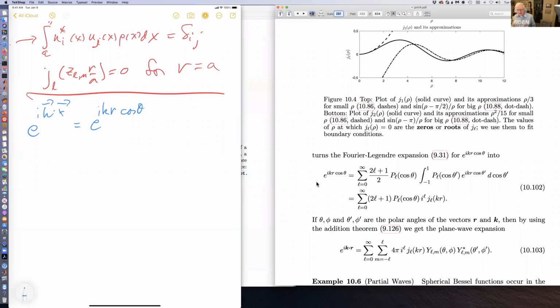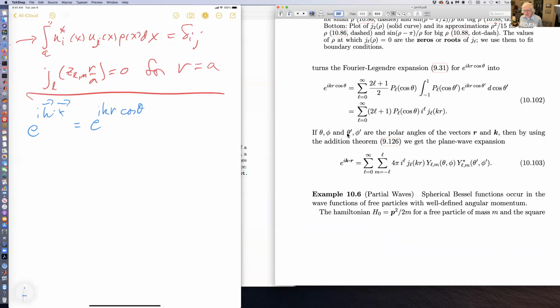And so e to the i k dot r, which is the phase factor of a plane wave, can then be written as this Fourier Legendre expansion, and then Schwinger's trick gives us that this thing is actually a spherical Bessel function.